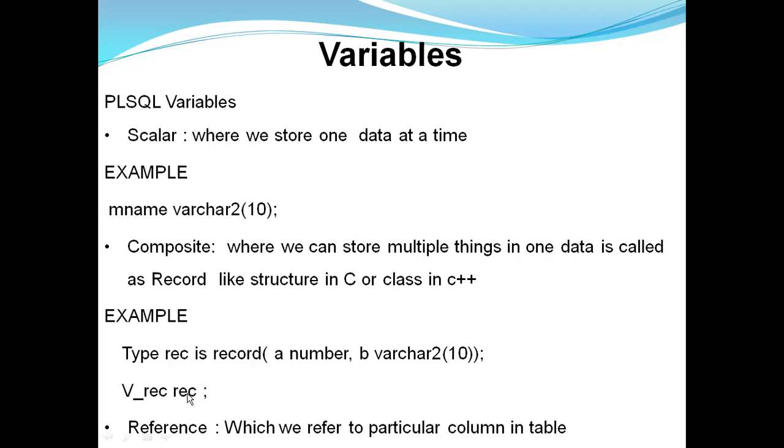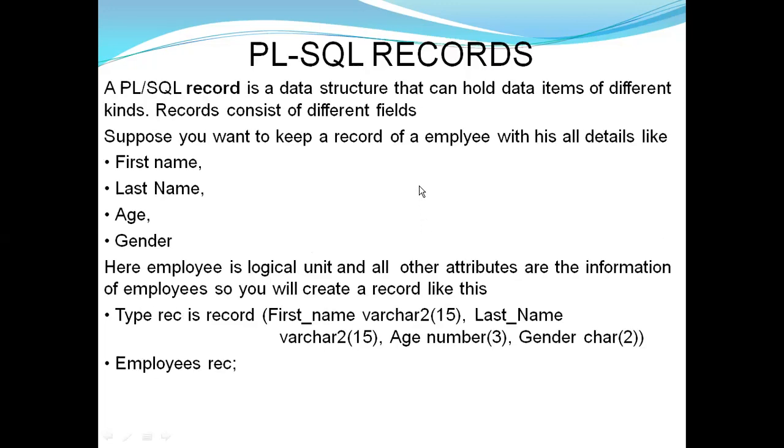So now in this data type, we have two fields, A and B. Very simple. Now in records, we have one other kind, called a reference record. That means you can directly refer to a particular column in the table.